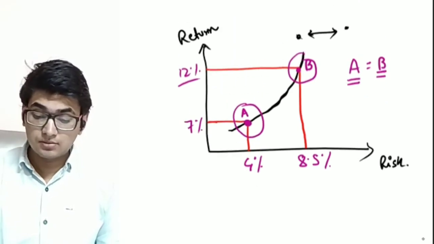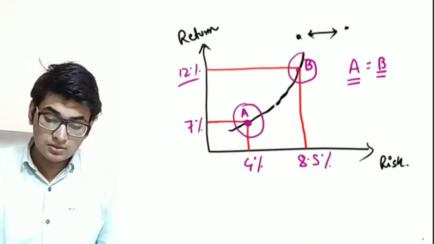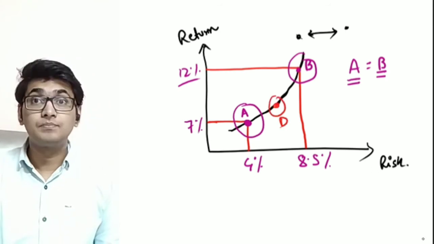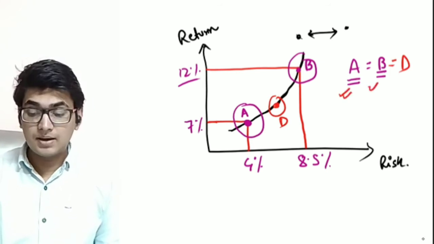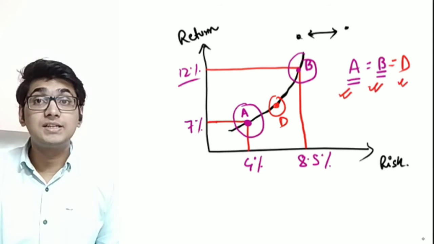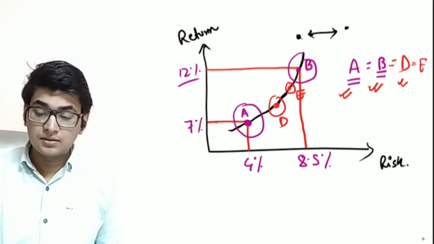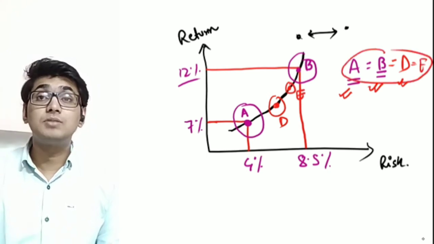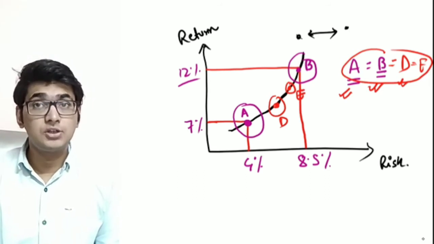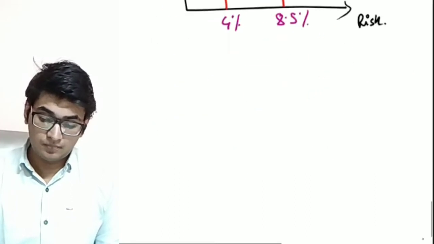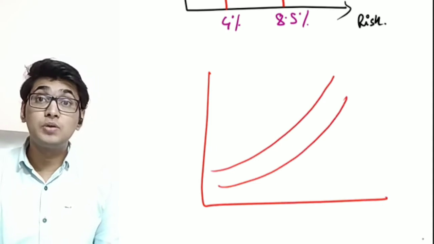Means on this curve, if you create any portfolio, suppose here you create one portfolio, say D, we will say that if I buy A, B, or D, I am equally satisfied. Or suppose there is one more portfolio E, then you will say if I buy any one of them, I am equally satisfied. You can let me purchase any of the portfolios, I don't have any issues. Clear? Now let us take the discussion ahead with two indifference curves.